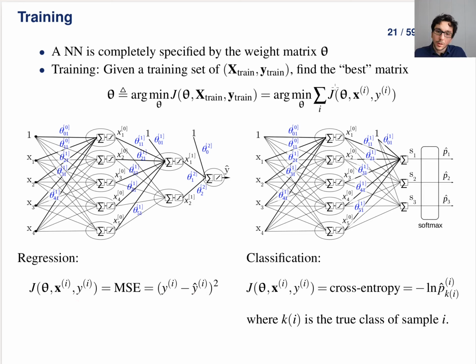If we want to know the total loss, we just have to sum over all the samples. When we have classification, instead, the loss function is the cross entropy. What is cross entropy? We defined it in the last lesson, but let me explain it again.